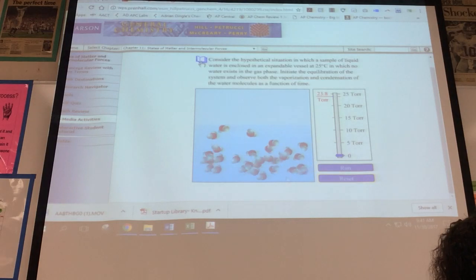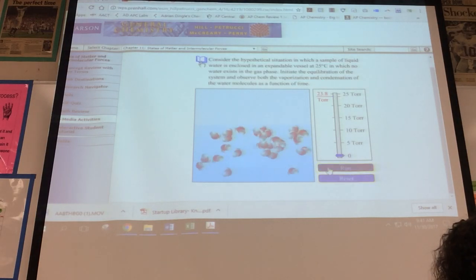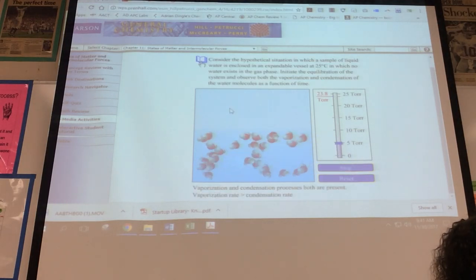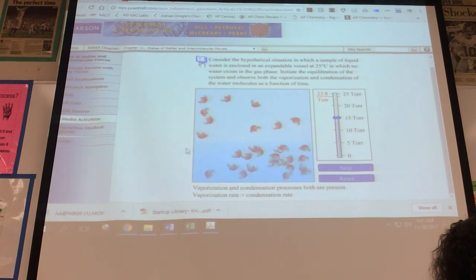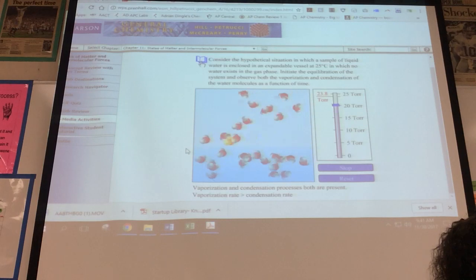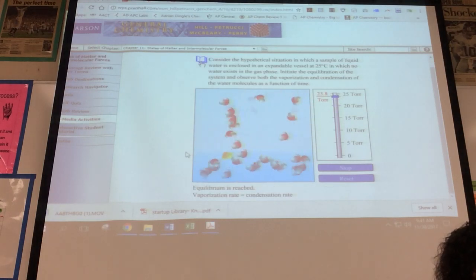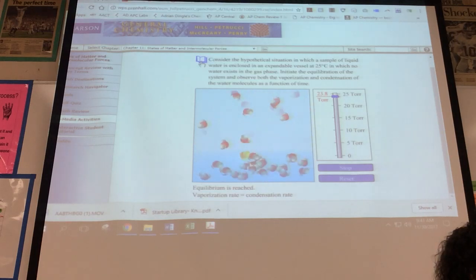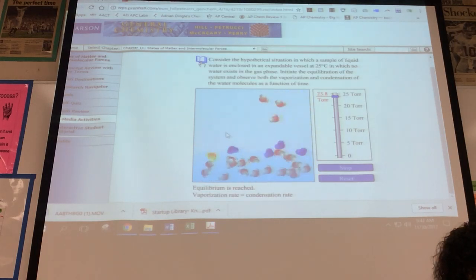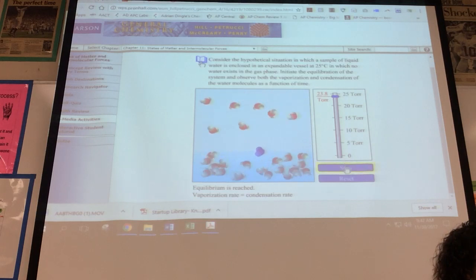Right now the vaporization rate is greater than the rate of condensation, but at some point the rates of these two processes will be the same and equilibrium will be attained. There are greater intermolecular forces in the liquid state versus the gaseous state.